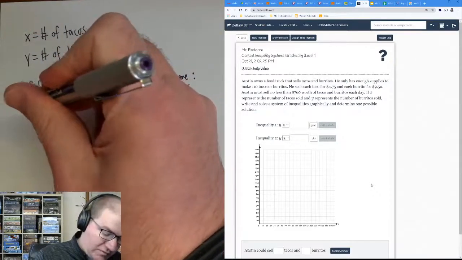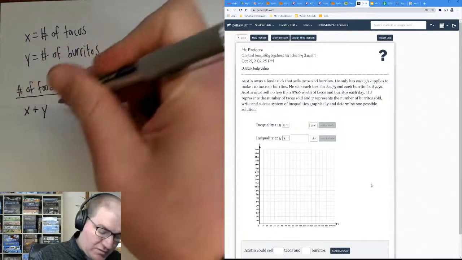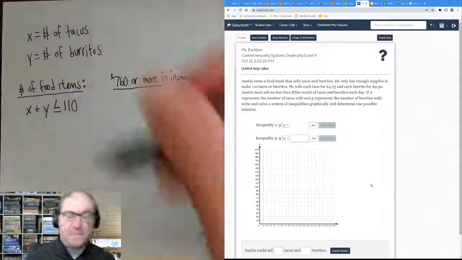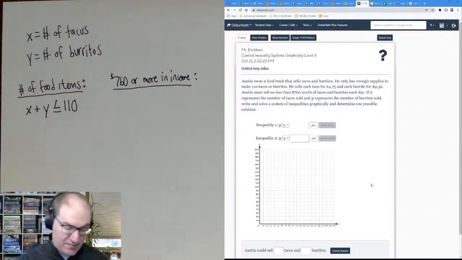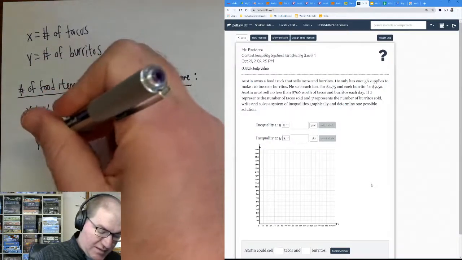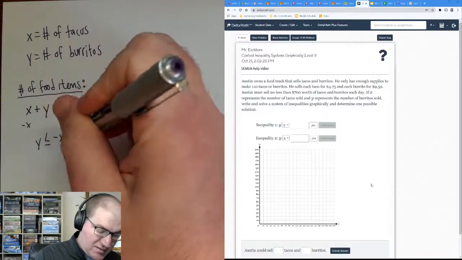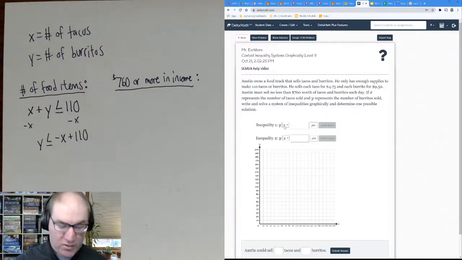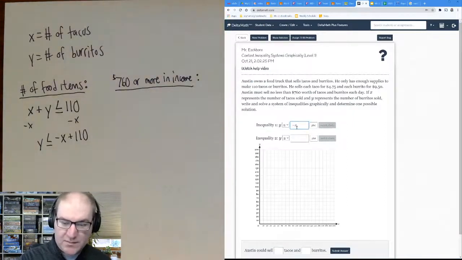So the number of tacos plus the number of burritos has to be less than or equal to 110. Now let's get y all by itself by doing minus x. So this one's going to be y is less than or equal to negative x plus 110. So let's type that in here. Inequality 1 is y less than or equal to negative x plus 110. Let's plot that.